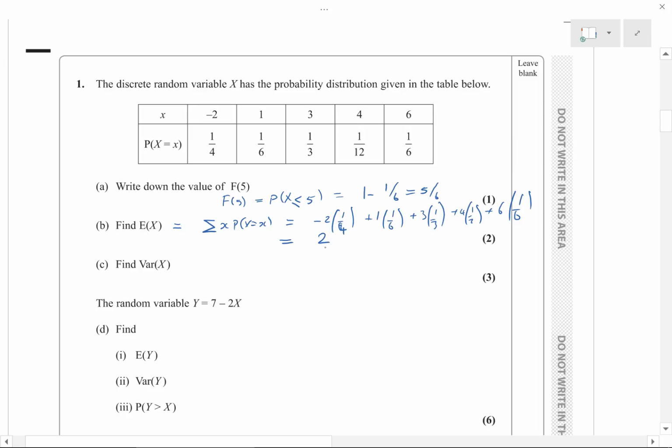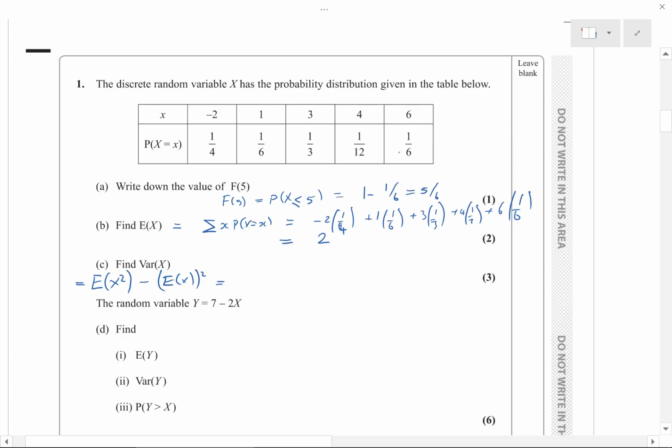The variance of X, it's E of X squared take away E of X, squared. So that's basically this squared times this, plus this squared times this, and so on. Take away the mean squared.